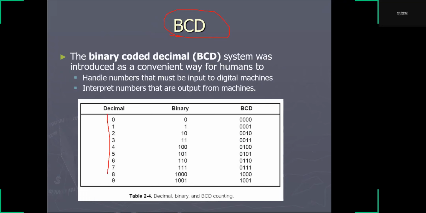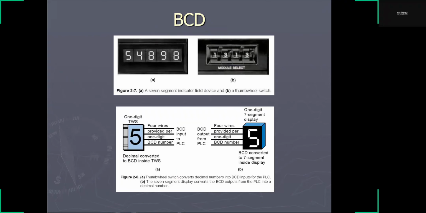This is decimal. This is binary. From here we can see it uses 4 bits. 4 bits represent one BCD code, similar to hexadecimal.